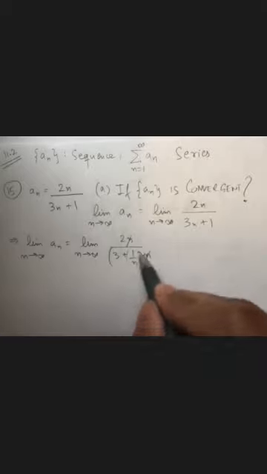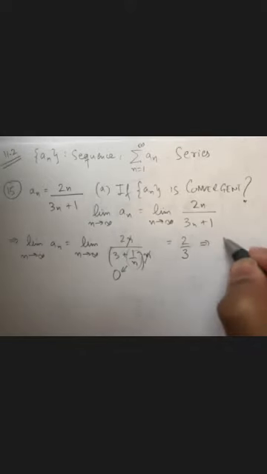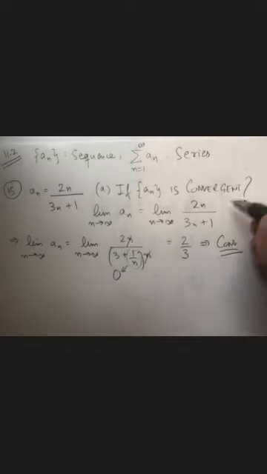So you can factor out an n, it cancels out, and as n goes to infinity, this goes to 0. So we're left with 2 over 3. And because the limit exists, it's finite, so it's convergent. This is yes.